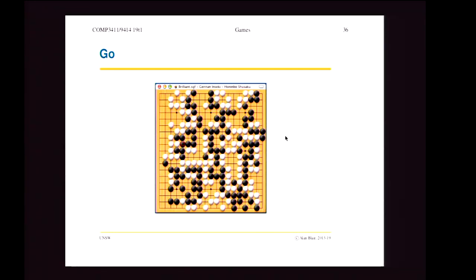You keep a record of how many wins and losses occurred from that position, and you have an algorithm that does a trade-off between favouring exploration of good moves but giving some extra emphasis to moves that you haven't explored much before.